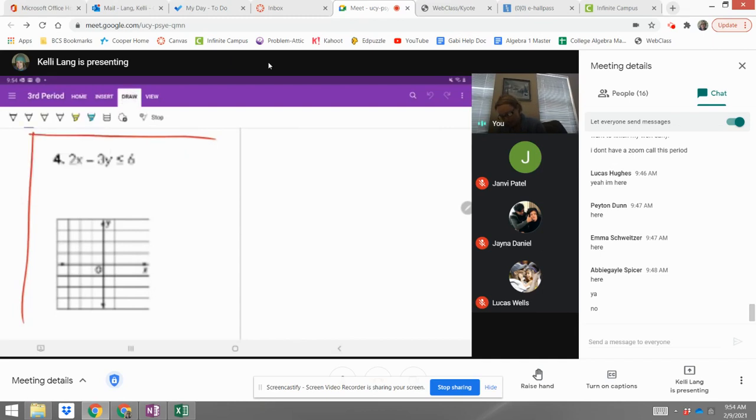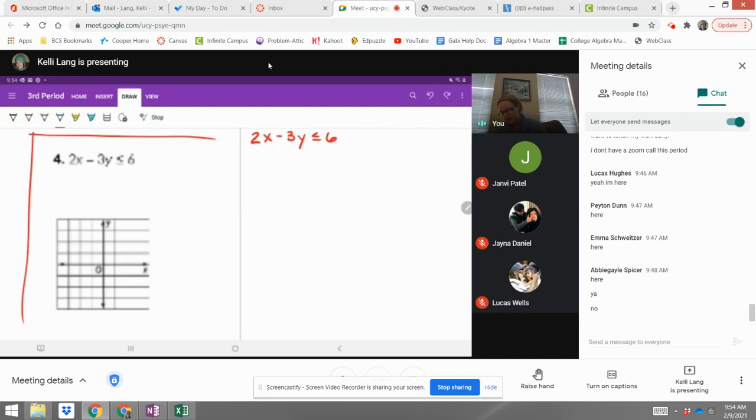So let's pretend, I'll just rewrite this. 2x minus 3y is less than or equal to 6. Let's pretend that instead of an inequality, we just had an equal sign here. What would we do in order to get the y by itself on the left? Well, we'd have to get rid of this and this.